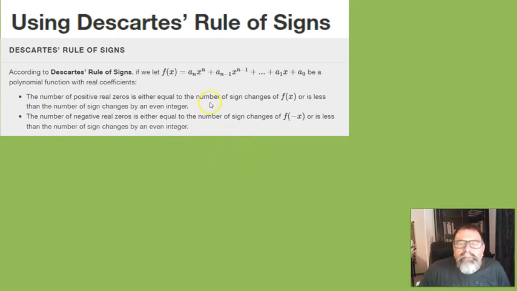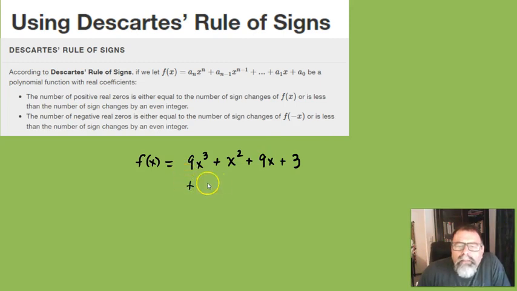I was actually using this rule when I said, because if f of x, if all these are positive, so 9, I don't remember the numbers, but we can go back and look, but it doesn't matter. So if it's something like this, if I look at the signs, this is positive, positive, positive, positive, and if I'm looking at the number of sign changes, there's going to be 0 sign changes, right?